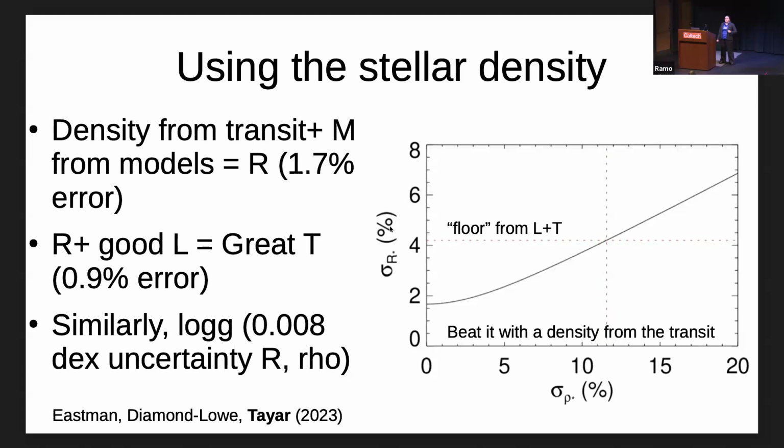And if you have a really good radius and a really good luminosity, then you have a really good temperature. And your log g uncertainties are going to be small. And so there are places where if you have a well-characterized transit density, you can do better going around the problem and keeping count of all your uncertainties when you do that than you can by doing it directly in the simple way.